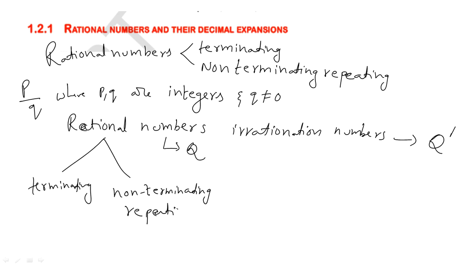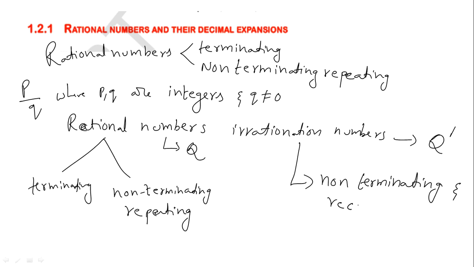So it will not terminate and it will repeat, whereas irrational numbers are non-terminating and non-recurring decimals. So are you clear about what are rational numbers and irrational numbers? Non-recurring means they will not reoccur. It will not repeat, no repetition.